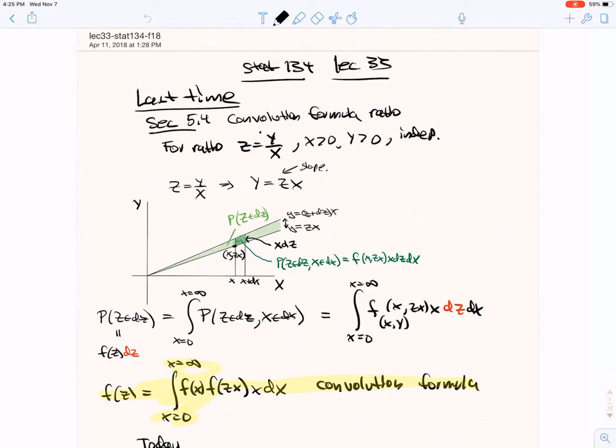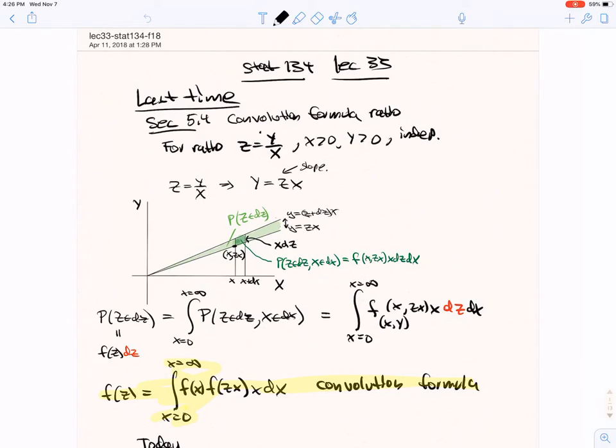And in particular, the little parallelepiped region in the darker green there is the probability that Z is in dz and X is in dx. That probability is the volume under our joint distribution of X and Y over this parallelepiped.